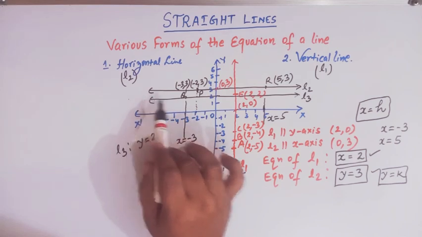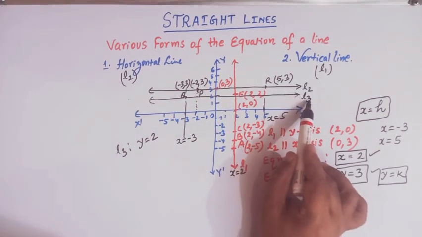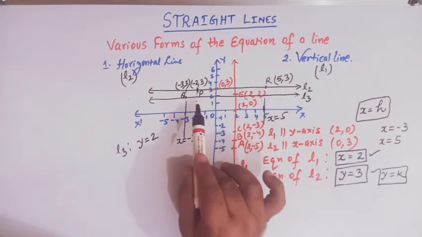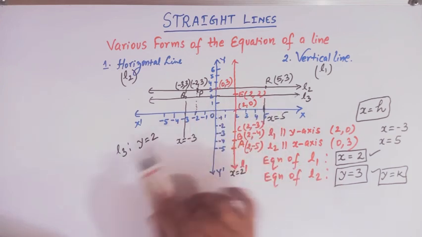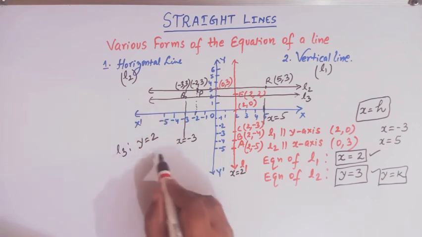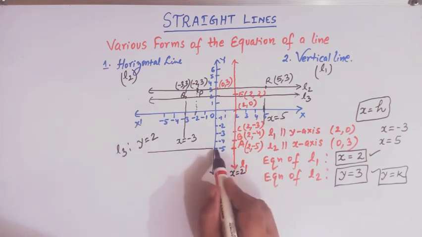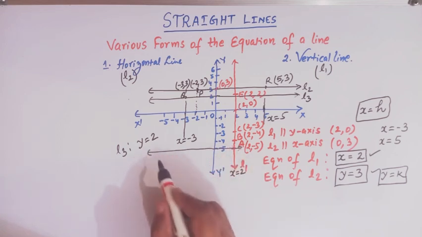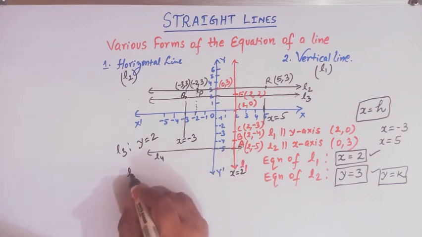So it means that all the points which lie on the line L3 have the same y coordinate, right? But the x coordinate keeps on changing, right? Suppose we take a line which is parallel to the x-axis and it passes through this point, that is -5, right? Then what would be the equation of this line L4?